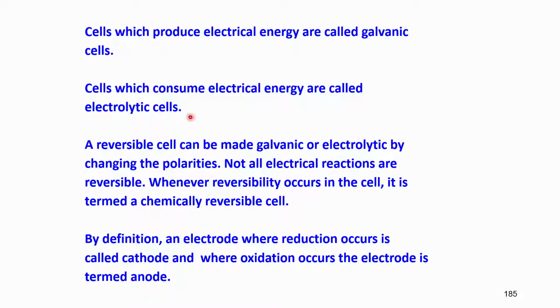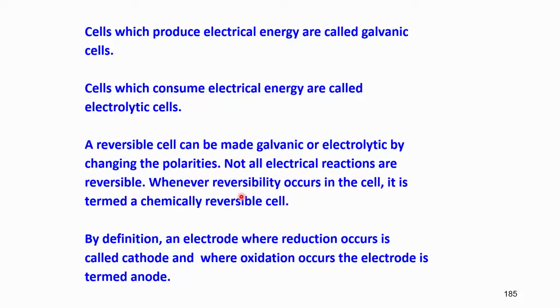So, all electroplating systems are electrolytic cells. We are going to say that a reversible cell can be made galvanic or electrolytic by changing the polarities. Our external circuit, you remember, is just a wire with a connection, and I can change the polarity of this connection, and then I can make a galvanic cell into an electrolytic cell.